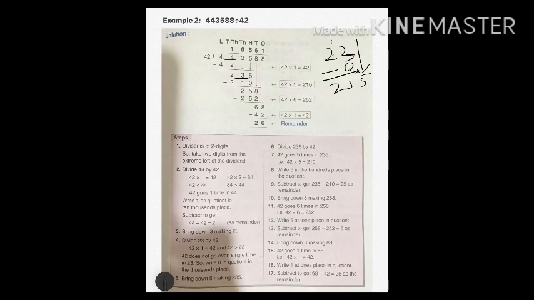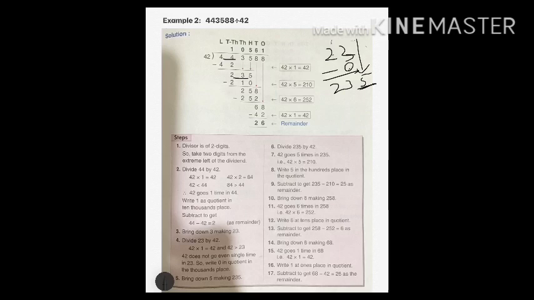So I have put one 0 on the top as the quotient, and I've brought down the next number 5 on the same place here. So it becomes 235. Now look at 235 in the table of 42. Now with a bigger number, students, we can find a trial quotient, which number to try with. It's very difficult with a big number like that.